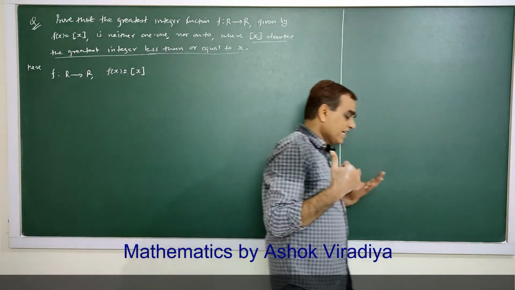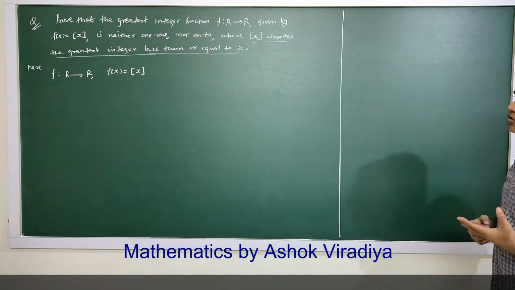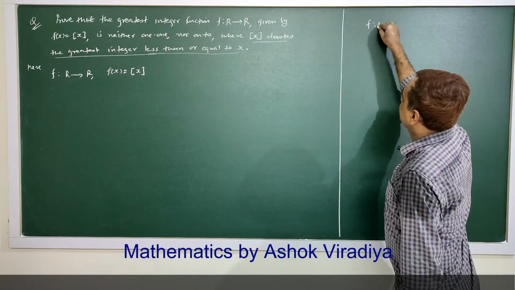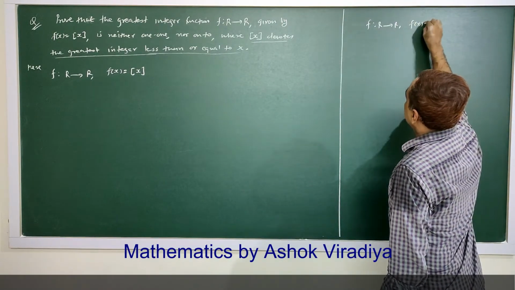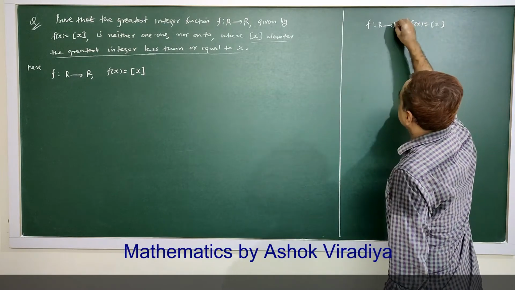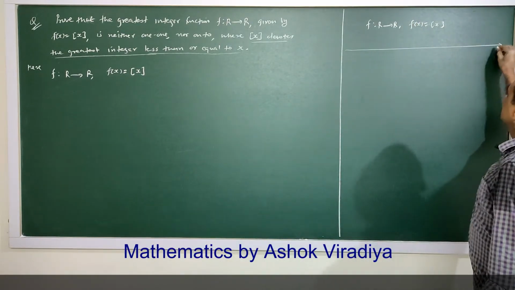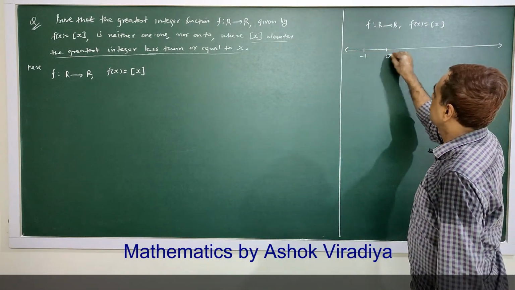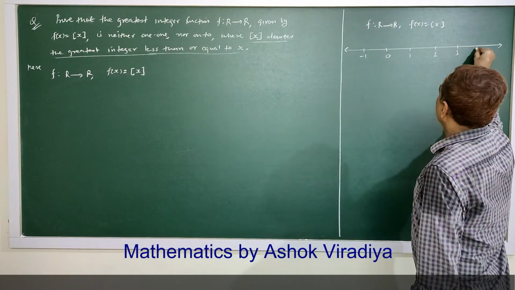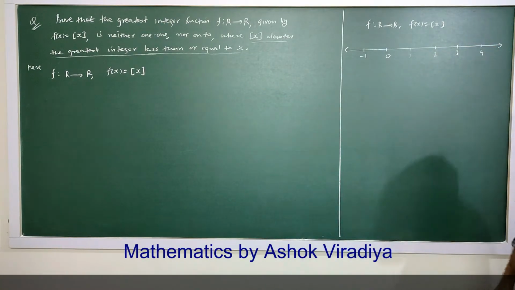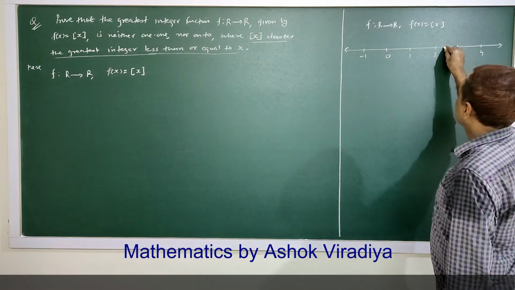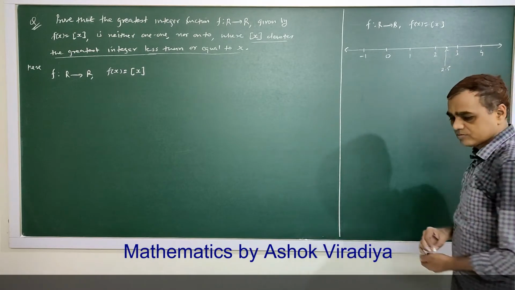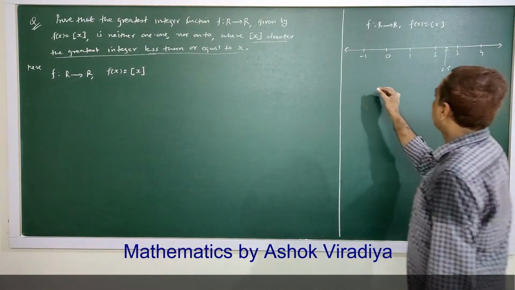See, before taking this question, once again I revise this greatest integer function. Say the function is f from R to R, f(x) equals box x. Here I am showing the domain. Suppose the domain is -1, 0, 1, 2, 3, like this. If I take a value, suppose 2.5, somewhere here.